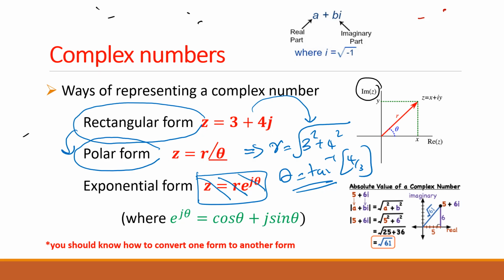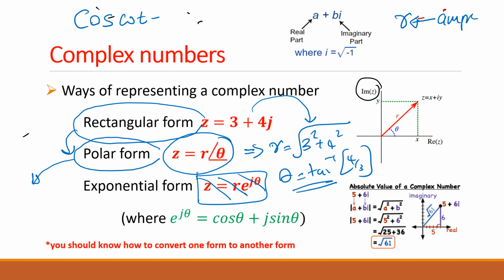Are we good? When you have this in the polar form, this R is your amplitude. So you can convert the polar form to the time domain as a cosine signal. In that case, it is R cos(omega t plus theta).